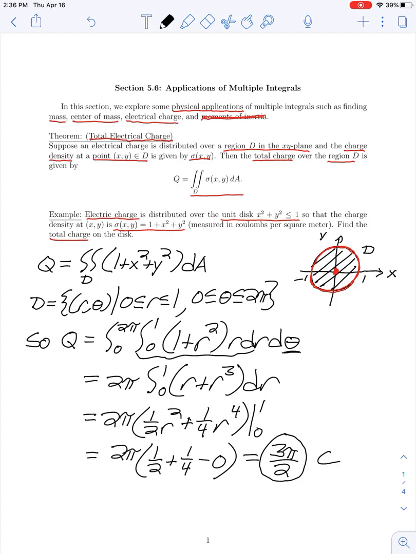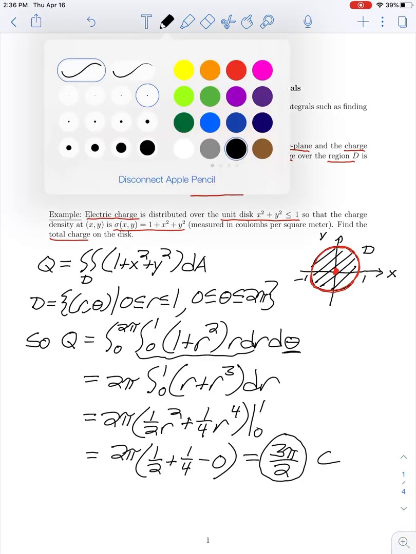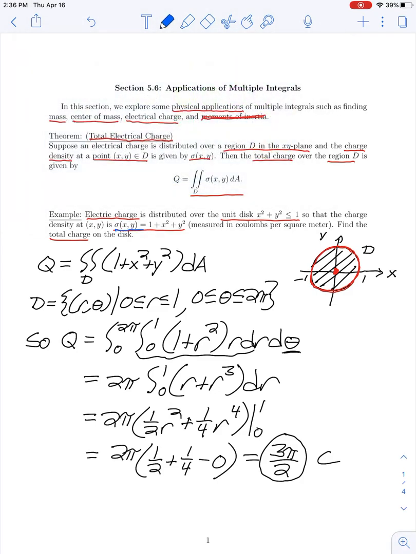Let's look at some other types of problems. Now for this example, we were considering total electrical charge over some plane region. If we were interested in electrical charge over a region in space, we would need to know the density function in terms of x, y, and z.